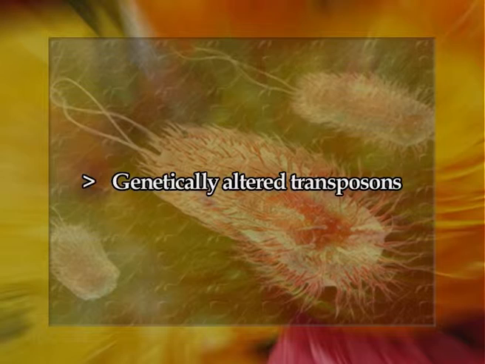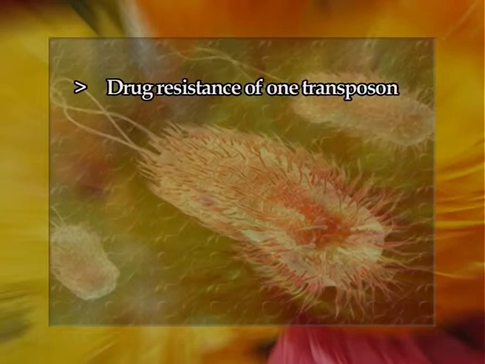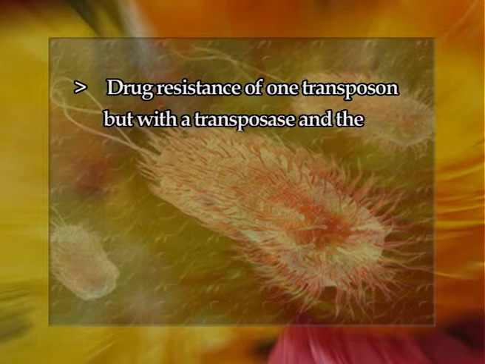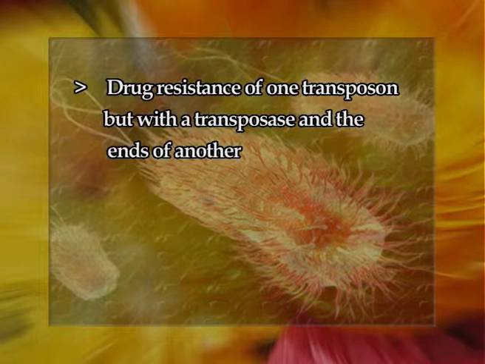Number 5, genetically altered transposons. An increasing number of genetically altered transposons are being produced with useful and amusing properties. Number 1, elements with drug resistance of one transposon but with the transposase and the ends of another.